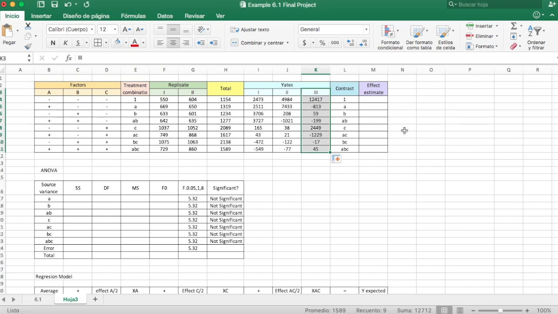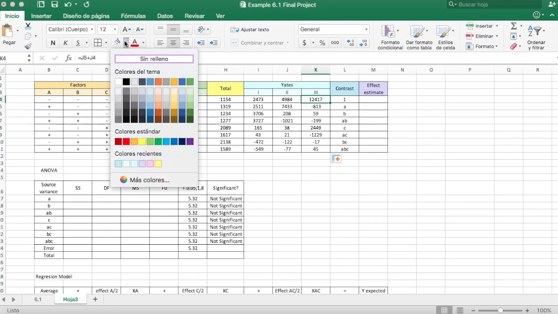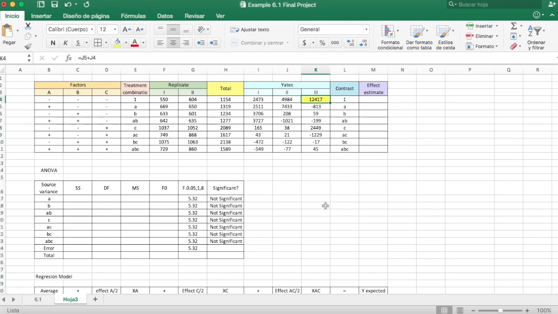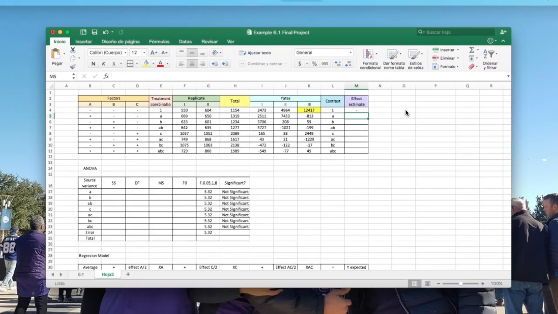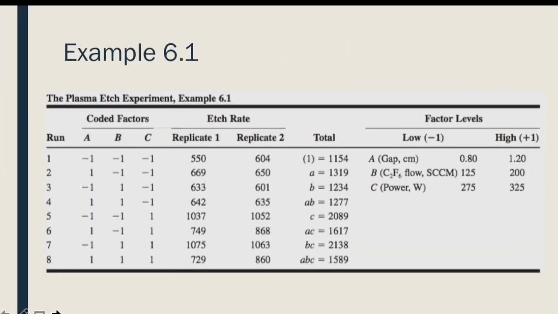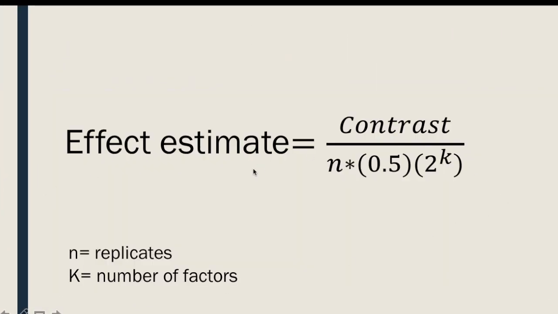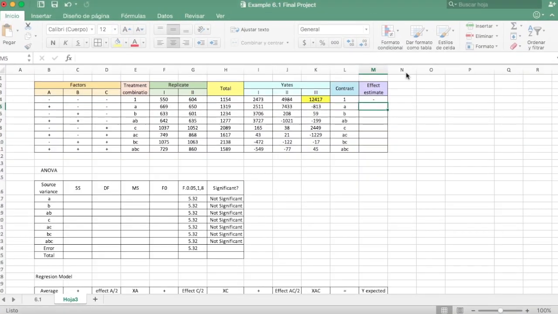The last column of Yates algorithm is our contrast level. Here, this number is our grand total. So we need to estimate the effect of each of the factors. And the formula is the next one: the contrast over n times 1/2 to the k minus 1, n being the number of replicates and k being the number of factors.